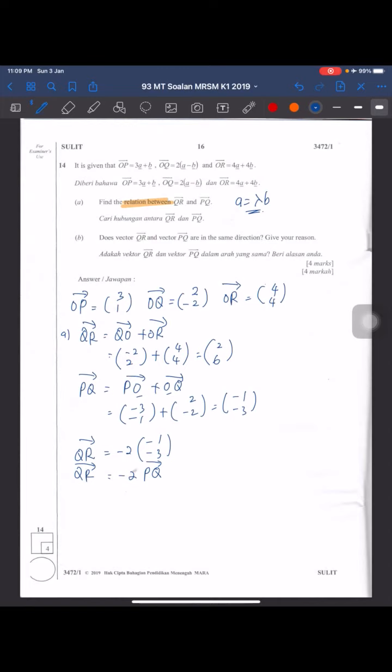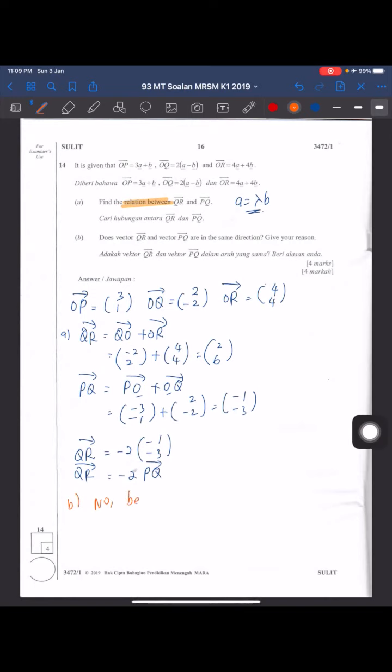Okay, next. B. Does vector QR and vector PQ in the same direction? Give your reason. Sama direction tak? No. Kita tahu sebab di sini is negative 2.